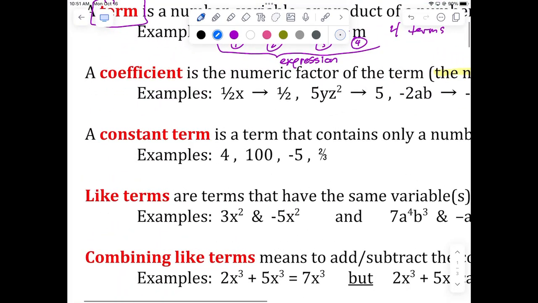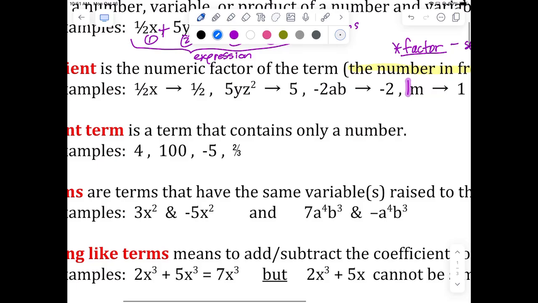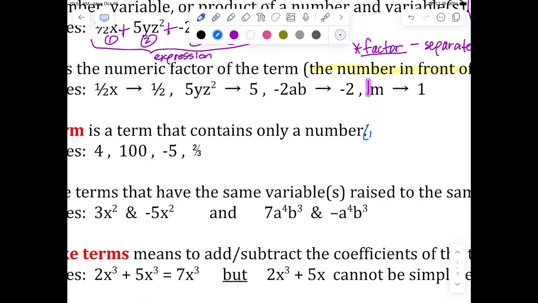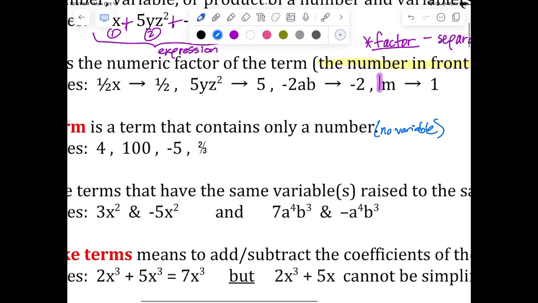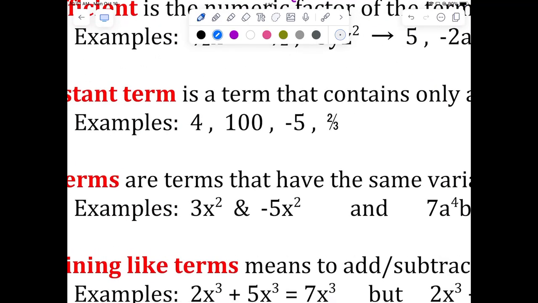A constant term is basically just a number. There's no variable there. Here are some examples of constants: 4, 100, -5, and 2/3. They can be big, small, positive, negative, or fractions.